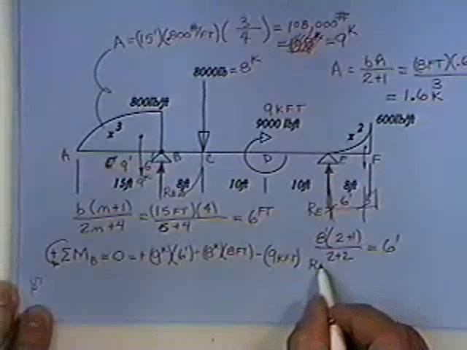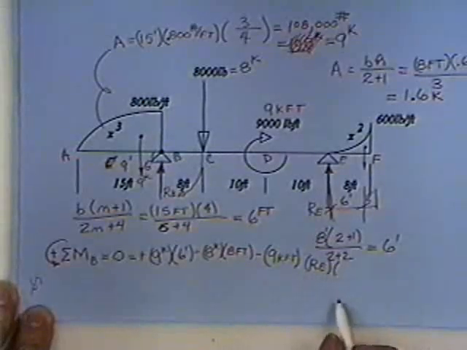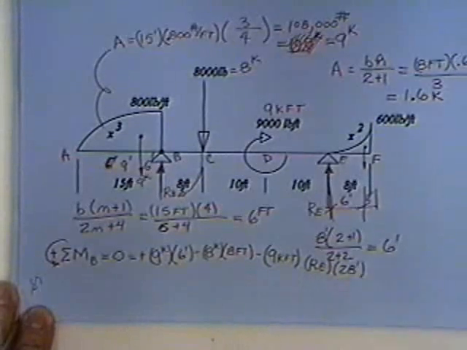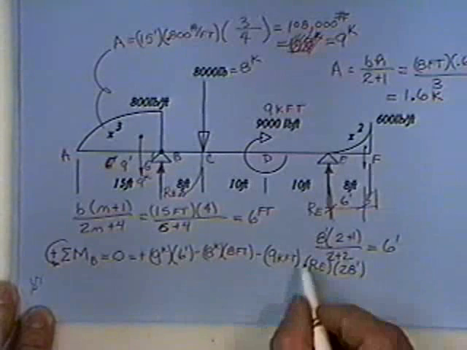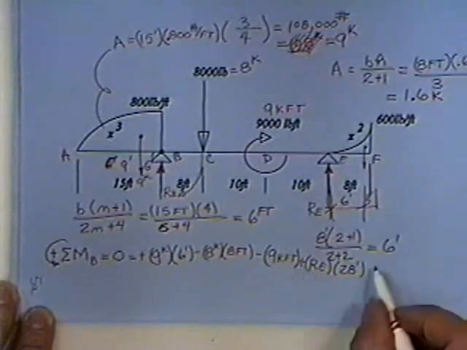Next, I see the reaction at E. He is 10, 20, 28 feet away from my moment point. He would roll clockwise.